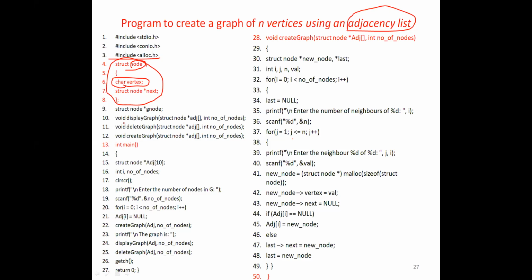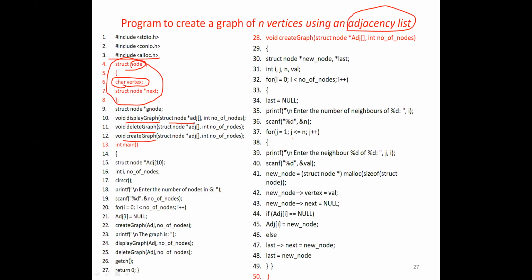And so these are the functions we are going to look at in the graph. One is display graph, delete graph, and create graph. Like what we have in the case of queue, enqueue, dequeue, the same thing we are going to do. And what are the arguments these functions take?